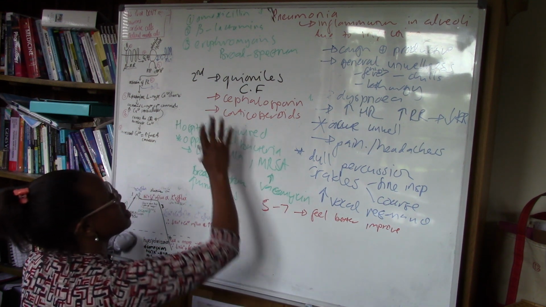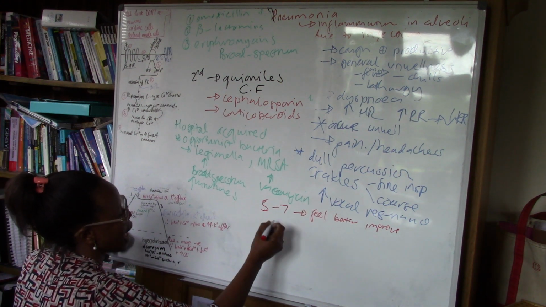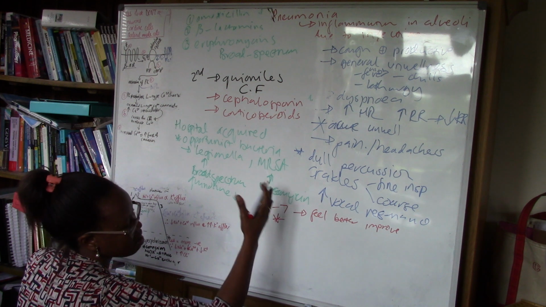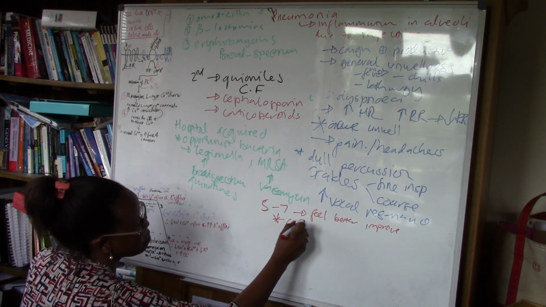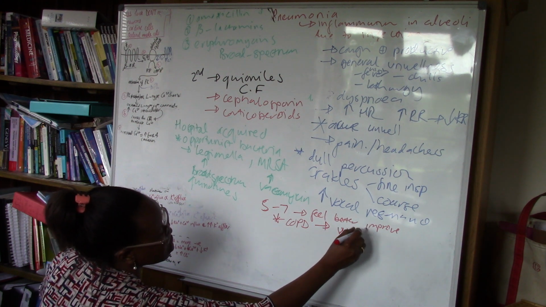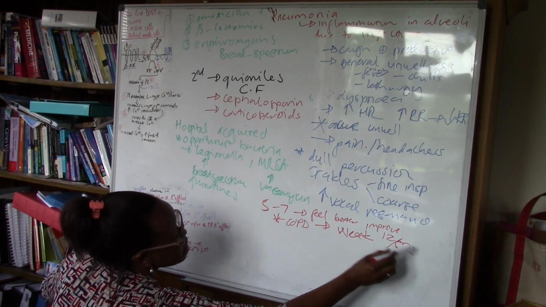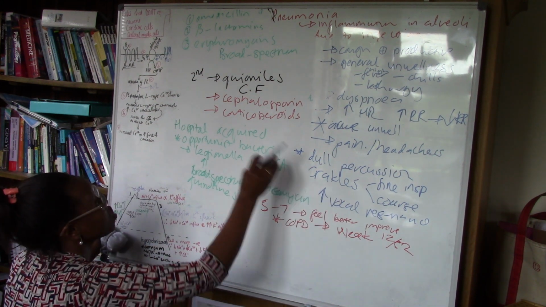However, recovery is dependent on underlying pathology. So if someone has an underlying lung condition, like a COPD patient, we expect them to get better in weeks. It can even be up to 12 weeks of them still feeling unwell and trying to recover.